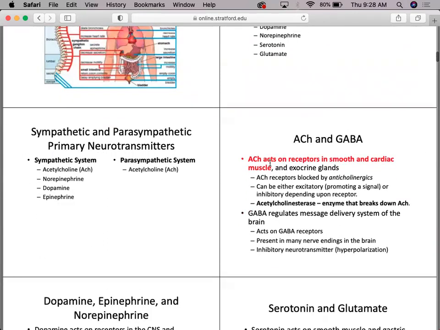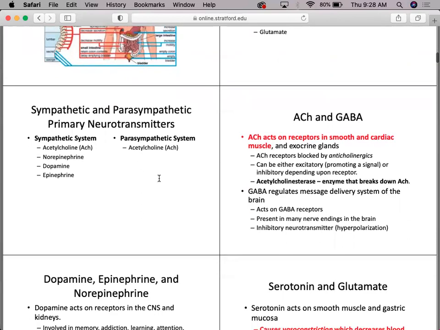And then you have acetylcholine. I want you to think smooth muscle, cardiac muscle. Because if you look here, acetylcholine affects both the sympathetic and parasympathetic nervous system. And we already know norepinephrine, dopamine, and epinephrine affect the sympathetic nervous system. Remember fight or flight? What do you think cocaine mimics? Crack cocaine and heroin mimic all of this.